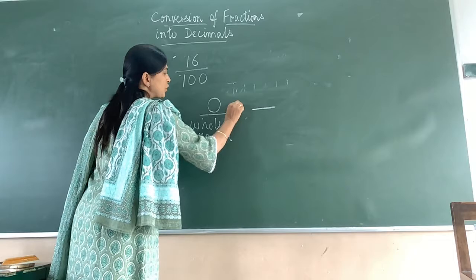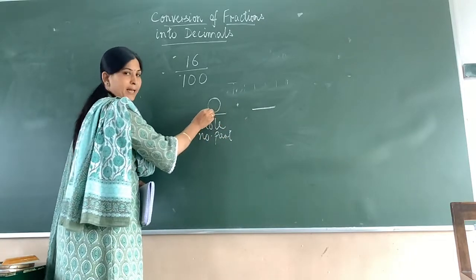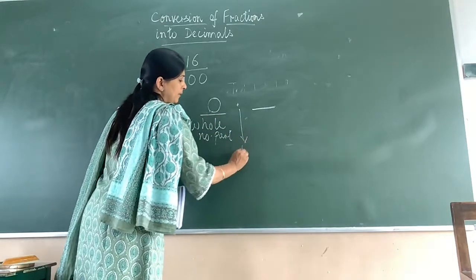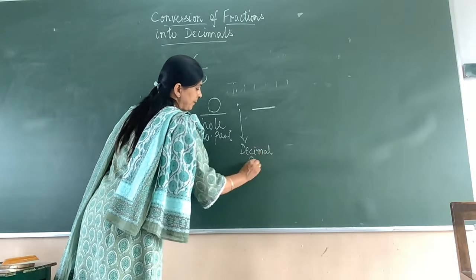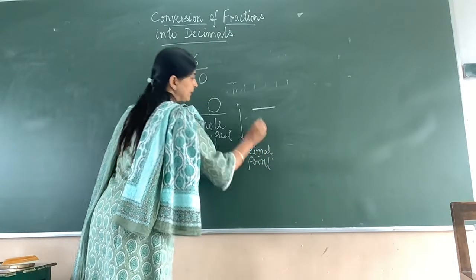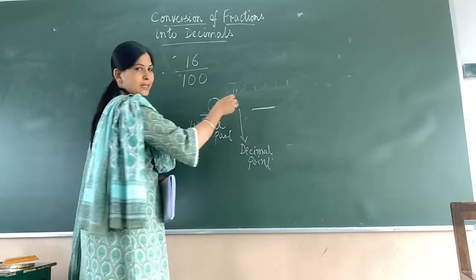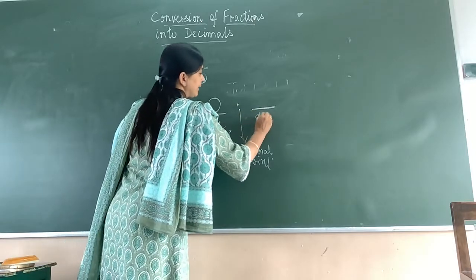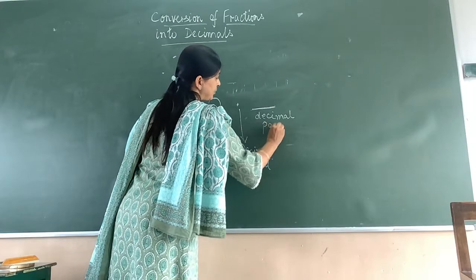The part of the decimal number which is before the decimal point, to the left hand side of the decimal point, is the whole number part. This is the decimal point. And the part on the right hand side of the decimal point is called the decimal part. I had explained this in the last video.